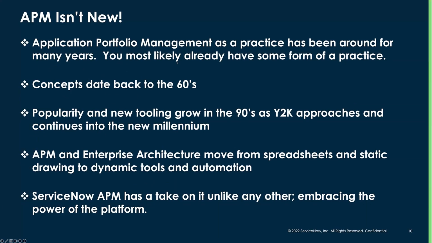APM isn't new. APM is a practice, and frankly, it's been around since the 60s. As soon as those mainframes started coming up in the late 40s, the 50s, the 60s, they became solid business tools. And the first thing you had to do was start keeping track of what might be known today as applications.